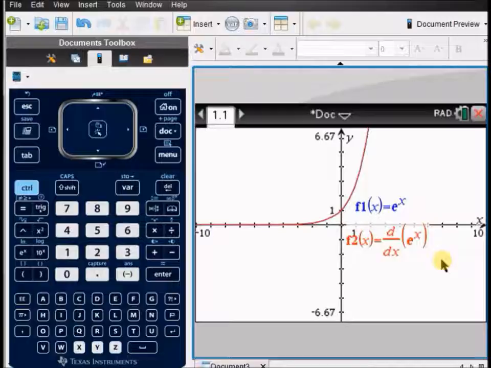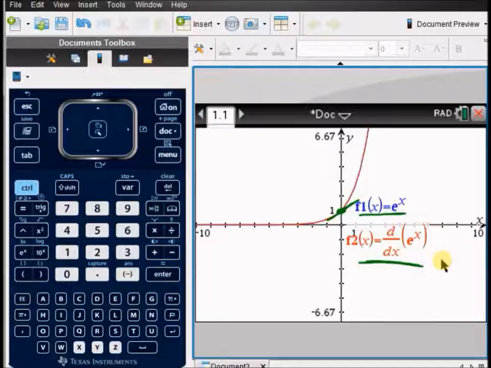If we take any point along here on the actual function, our original function, so let's choose (0, 1). That means that the slope of the tangent at that point is given to us by the derivative function, and that y value is 1. So the derivative, the slope of the tangent at this point, is 1.